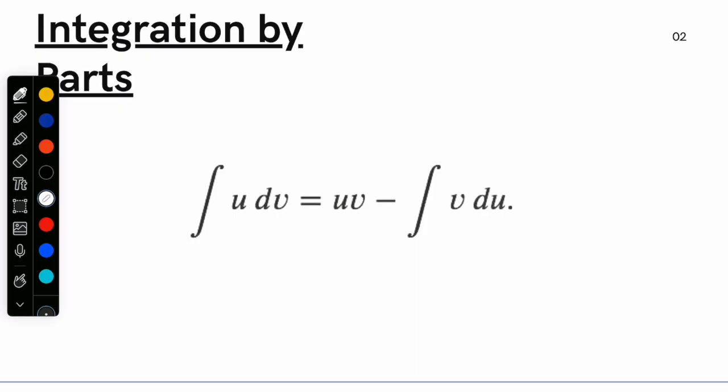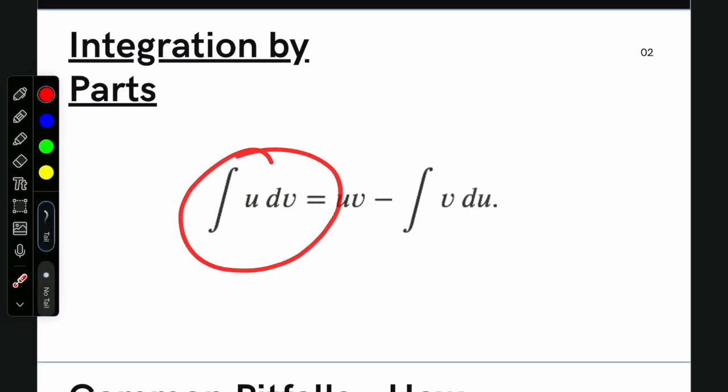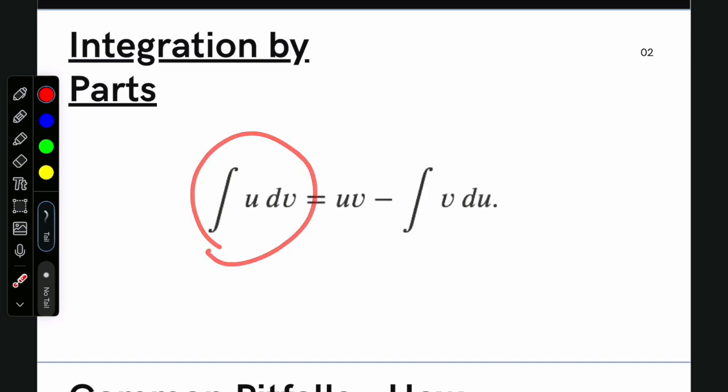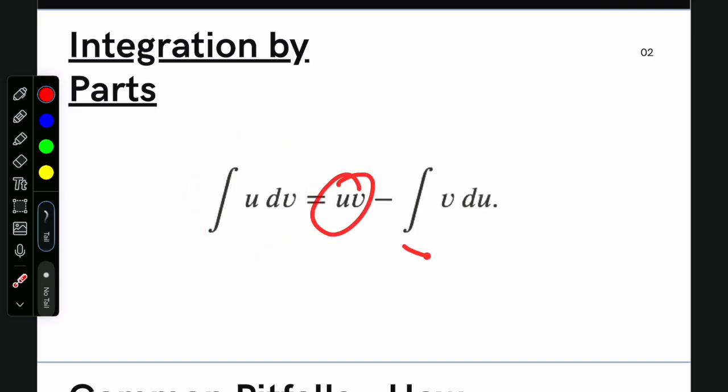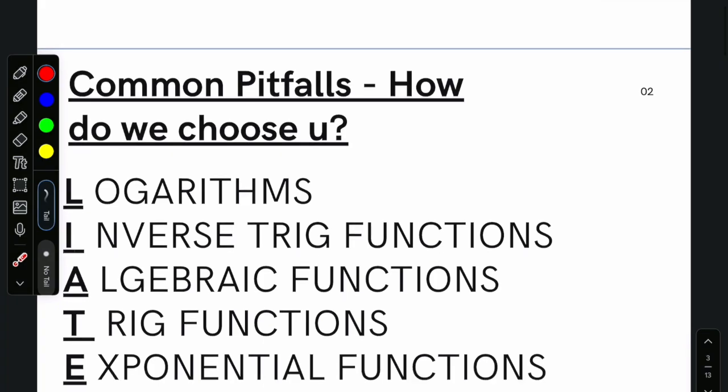Right, so the first thing to recognize is obviously that with integration by parts, our formula is the integral of u dv is equal to uv minus the integral of v du. That's standard, we know that. Now, with that, what are the common pitfalls, and how do we choose u?